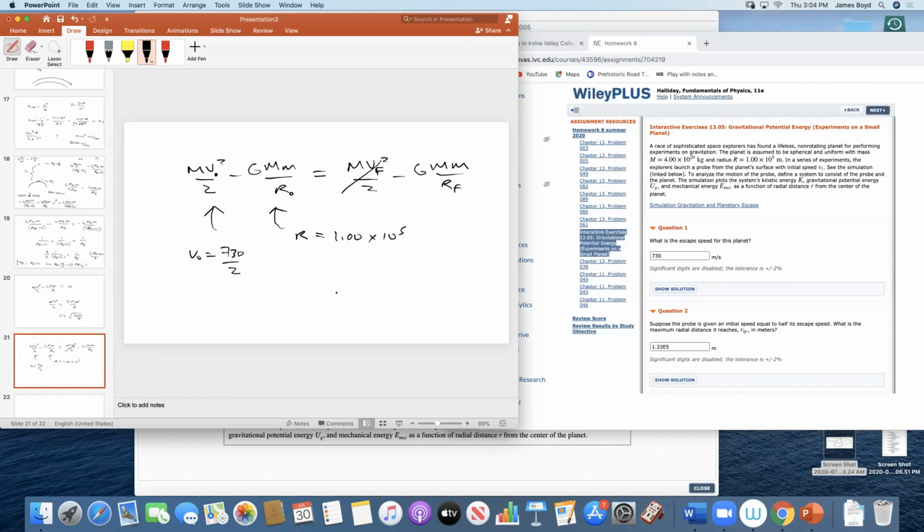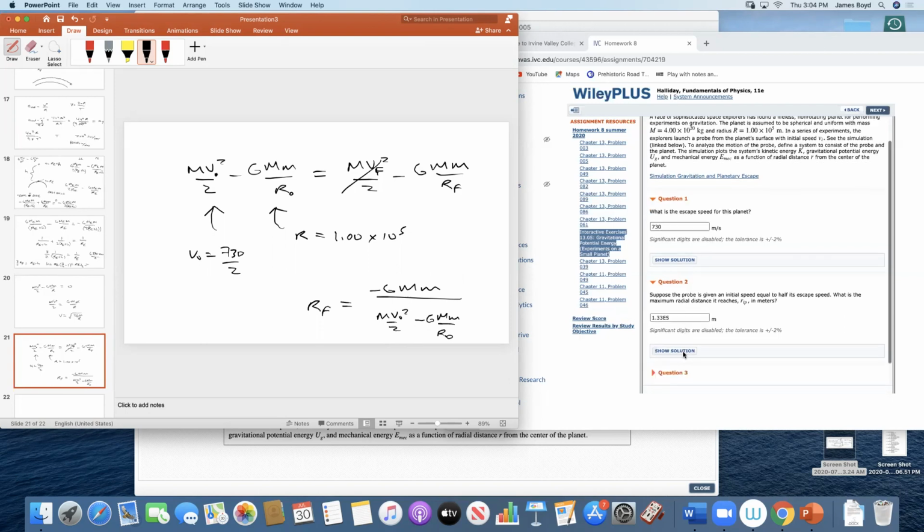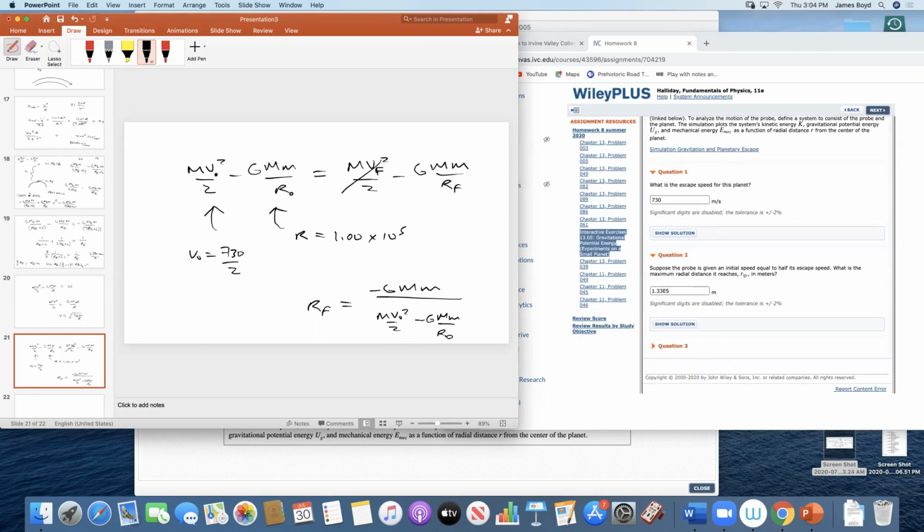So we want to find R final, and therefore R final is equal to negative GMm over (mv naught squared over 2 minus GMm over R initial). And you could find that, turns out it's 1.33 E5.